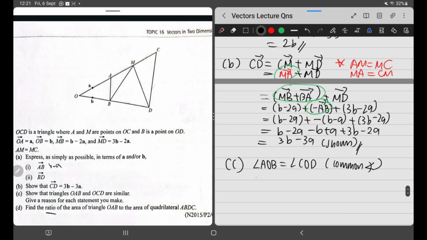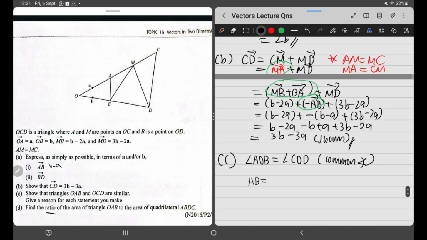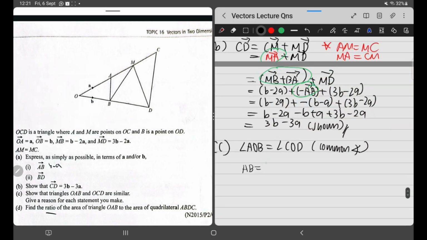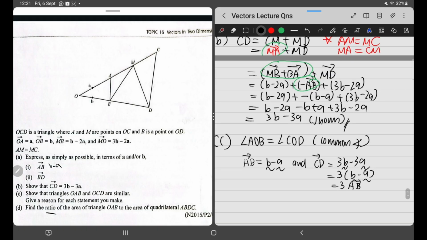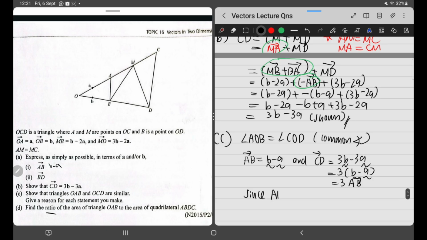Okay, so over here, you see that AB equals B minus A, right? And CD equals 3B minus 3A, which means 3 bracket B minus A, which means 3AB. So since CD is 3 times AB, we can conclude that CD is parallel to AB.